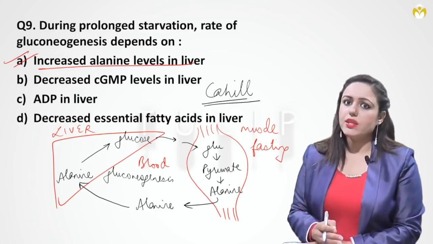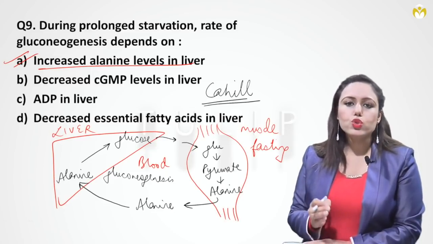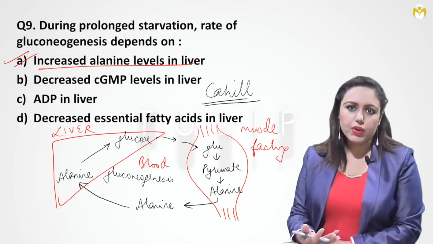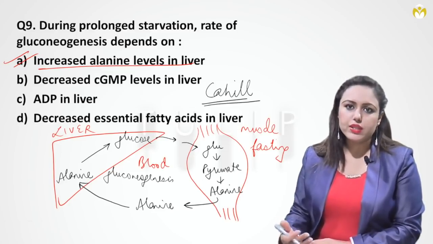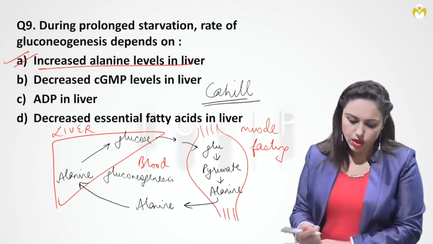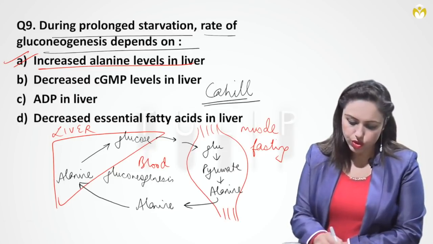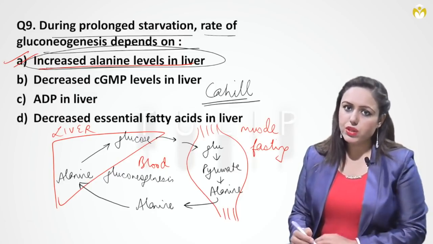Alanine is the most glucogenic amino acid. The carbon skeleton of 3-carbon alanine is used to make glucose, so obviously we use 2 molecules of alanine to make 1 glucose, that is 6-carbon. So during prolonged starvation, rate of gluconeogenesis depends on increased alanine levels in liver, which are coming from the fasting muscles.